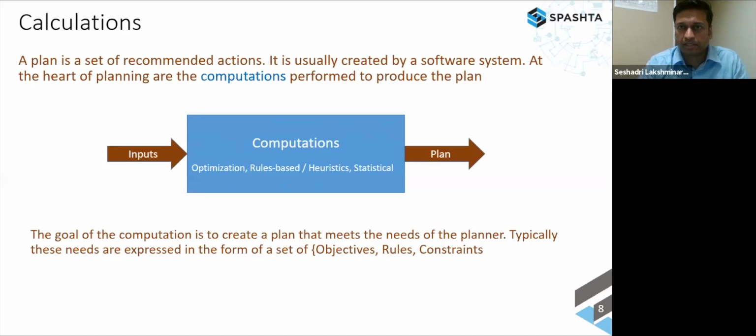Yeah, these computations are performed by software, and the software has a goal. It's trying to create a plan. If I'm trying to create a plan for the best loads that need to go into the truck, there's some goal that I'm driving towards, but that goal is also restricted by various things.